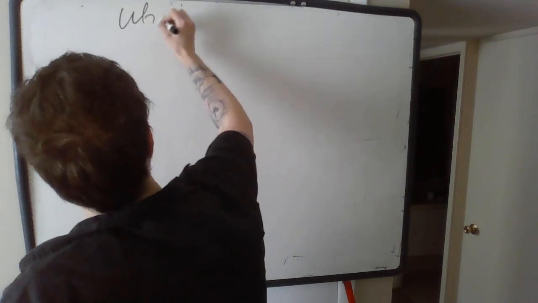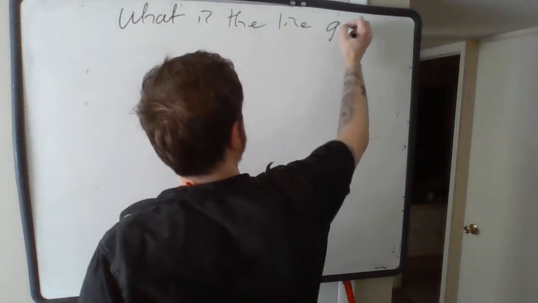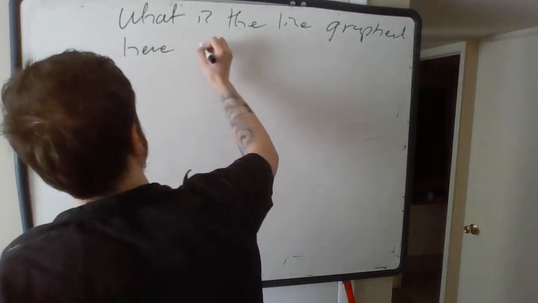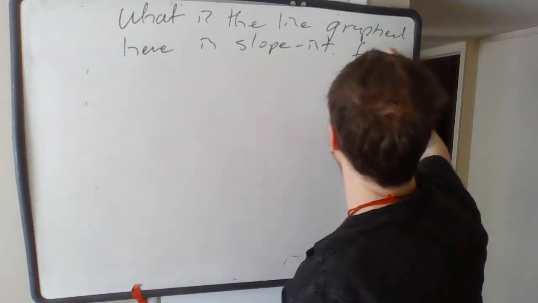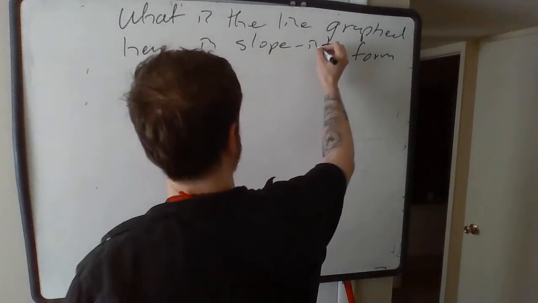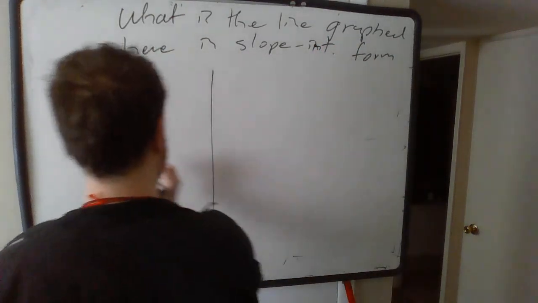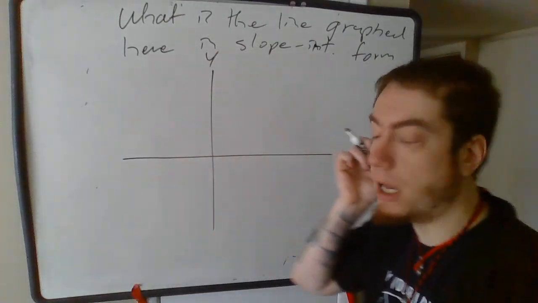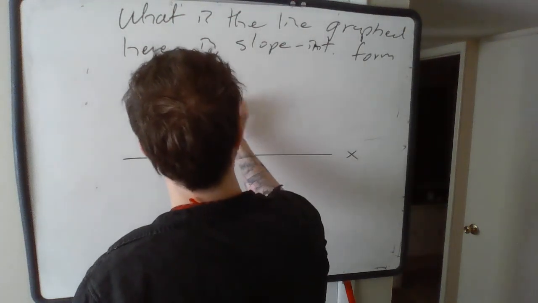So if I asked, what is the line graphed here in slope-intercept form, and I'm abbreviating intercept here so that I don't have to write the whole thing out. Let me just sketch a quick graph here. Let's suppose that our graph looks like this.